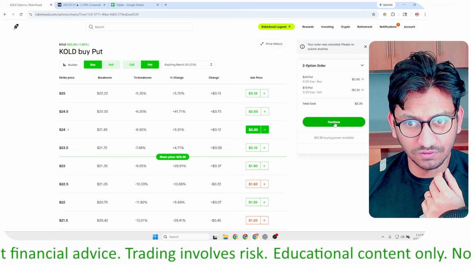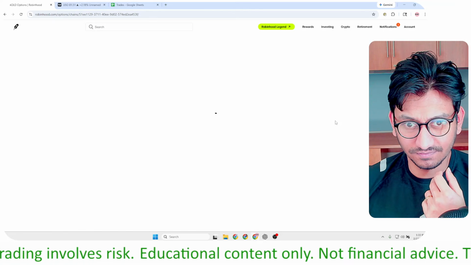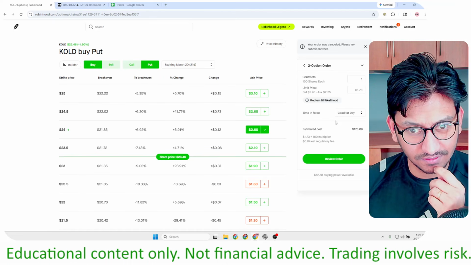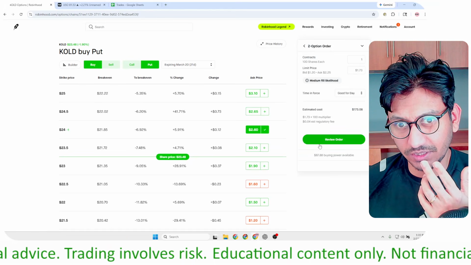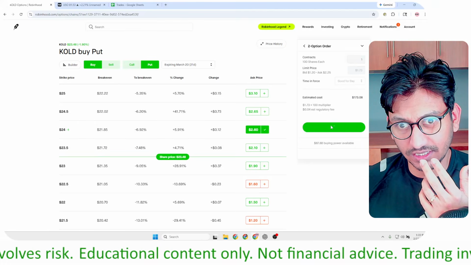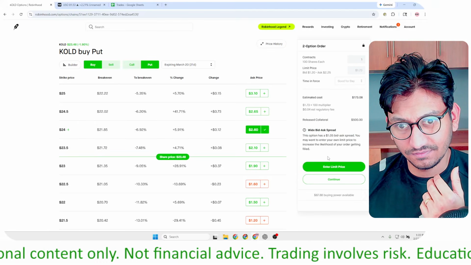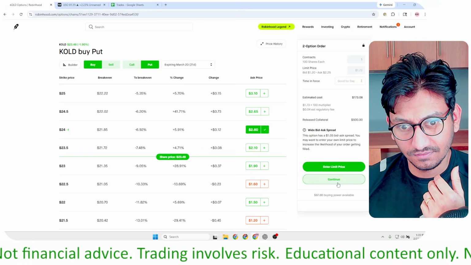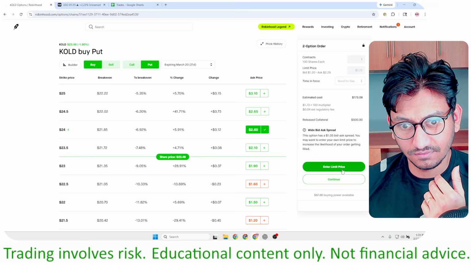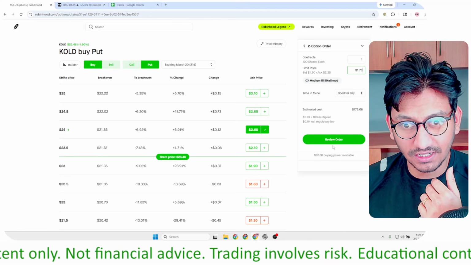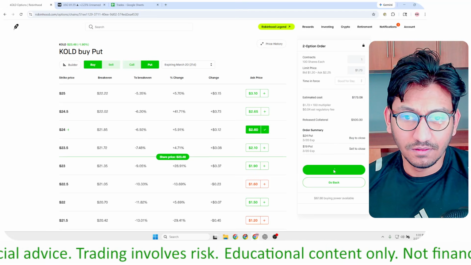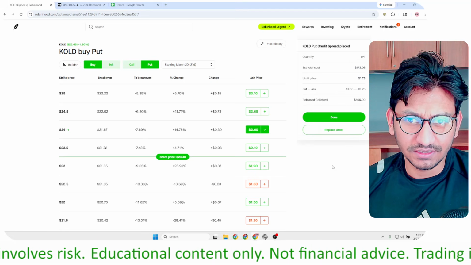I usually trade on my phone, so I don't know if I'm doing it correctly. I need to get out at the mid price. I don't know if I'll get the mid price. Let's see, 173 seems like the mid price. I don't know if I'll get that. I need to buy it off.